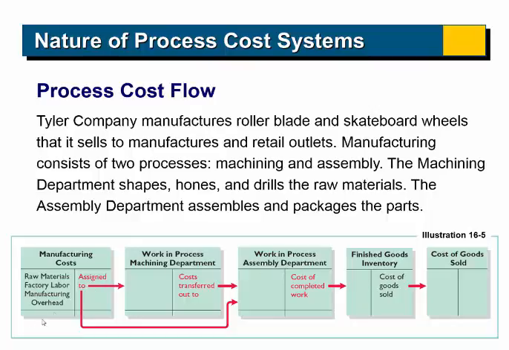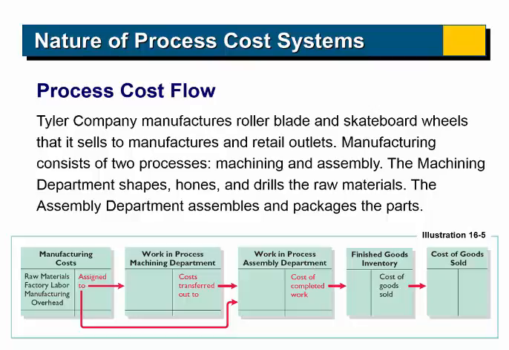And then the manufacturing overhead, so much of it will get allocated into the machining department, and so much will get allocated into the assembly department, just like what we saw in job costing.